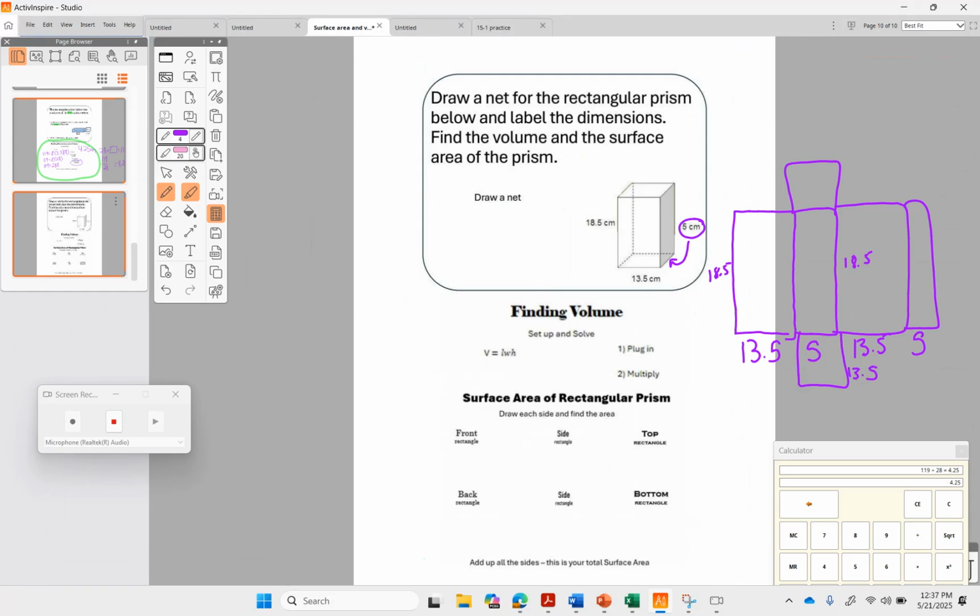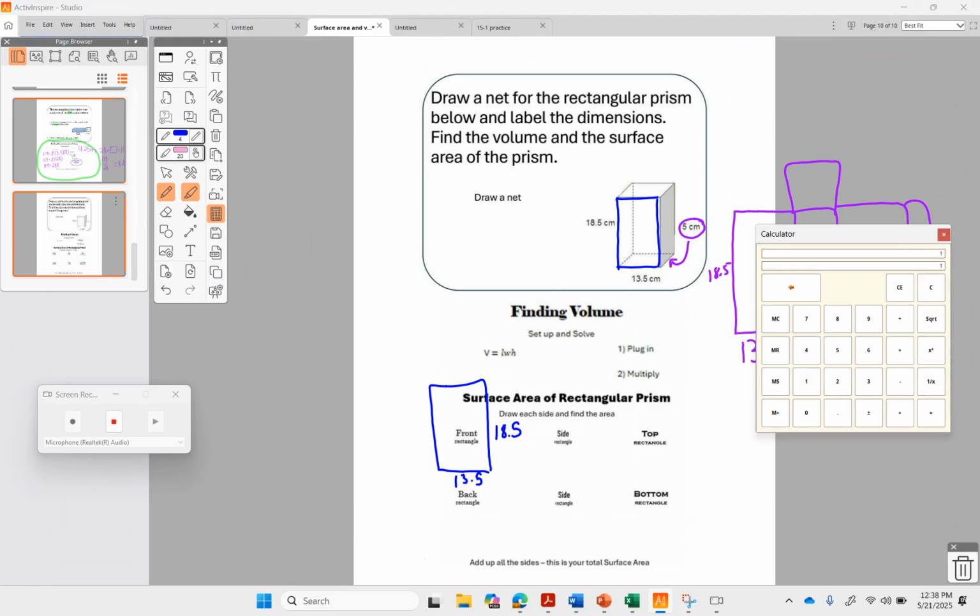Okay, let's use our math mat. So the front, that's the front. There's 13.5 times 18.5. And there are 2 of those. $249.75. And there's 2 of those.